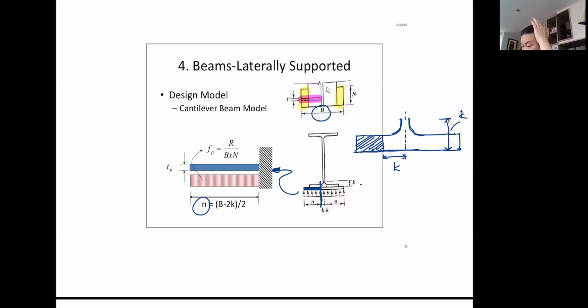Now this is the cantilever beam, but I draw the picture of the beam, and now I have to move this down.